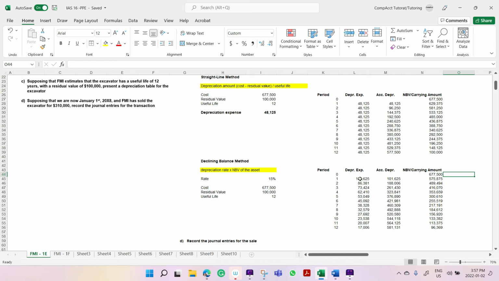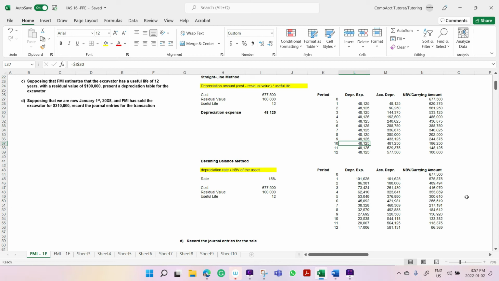Obviously, as we can see there, a high amount of depreciation in year 1, but then it drops down because of the way the formula works. So if we're looking at year 10, now it's only 23,000 compared to 48 with the straight line method. So a bit of a difference there.